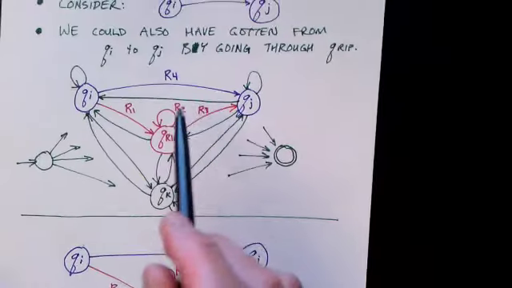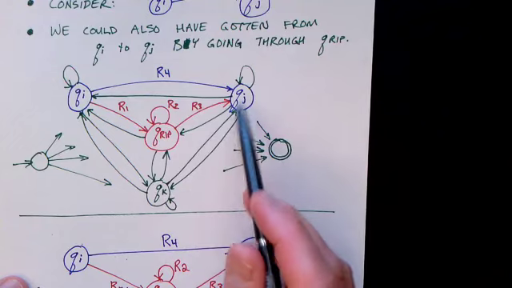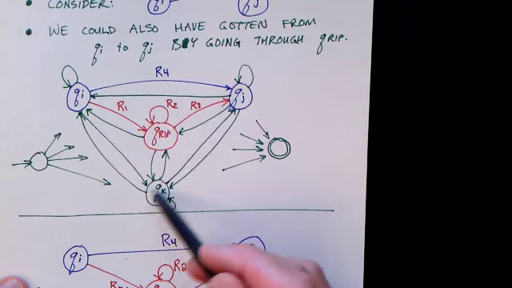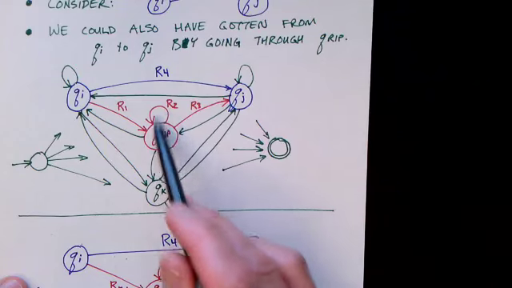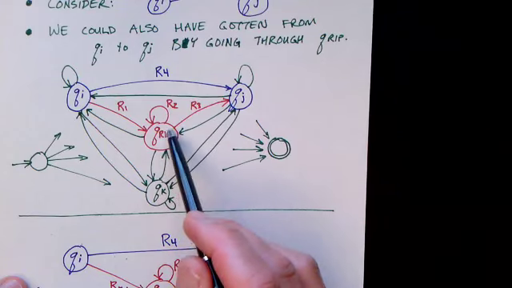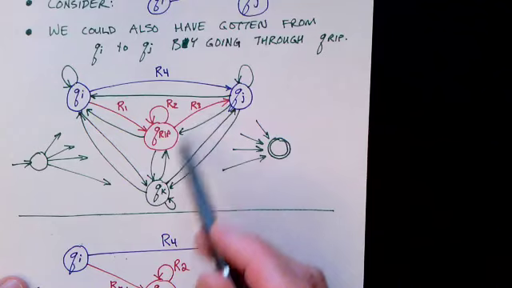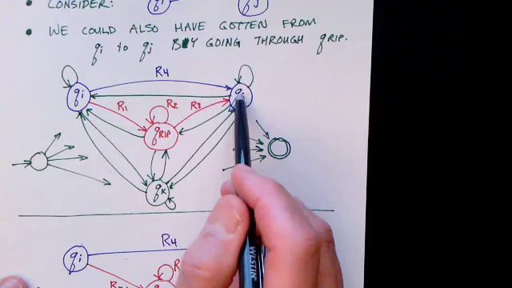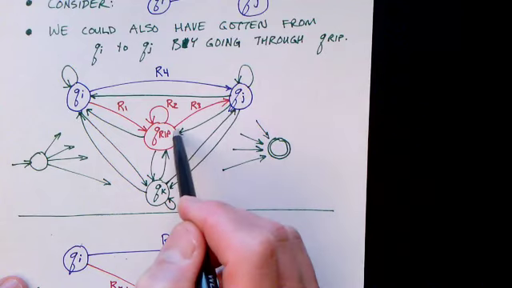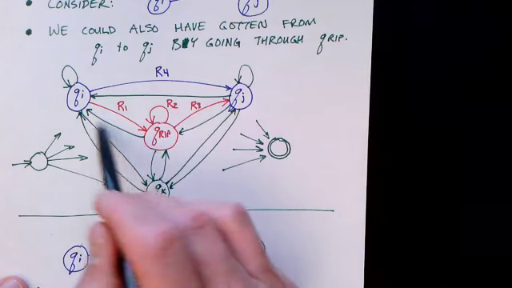And remember, we have to do this to every possible edge. So there's also a way to get from Qk to Qj. Okay, you can either go this way, or we could have gone along this edge, through this, and then along the R3 edge. Okay, and we could have also gotten from Qj to Qi, going in the other direction by taking this edge here, and then 0 or more occurrences of R2, and this green edge down here.